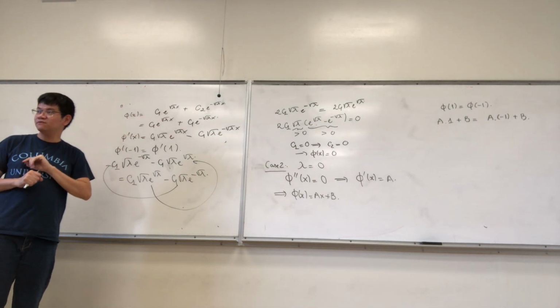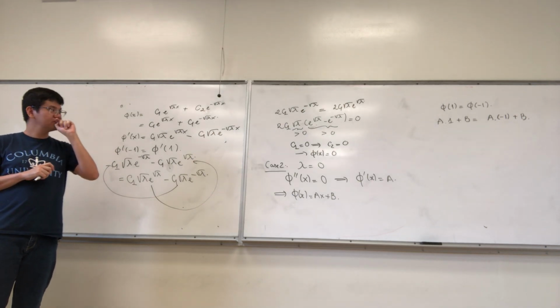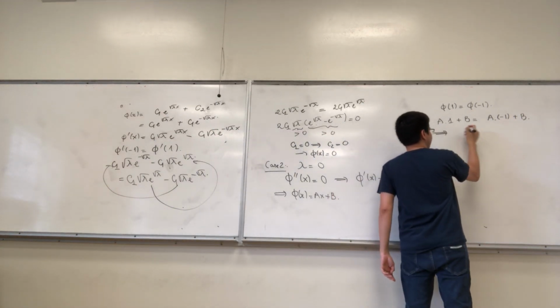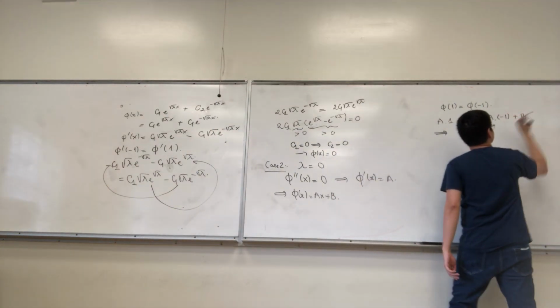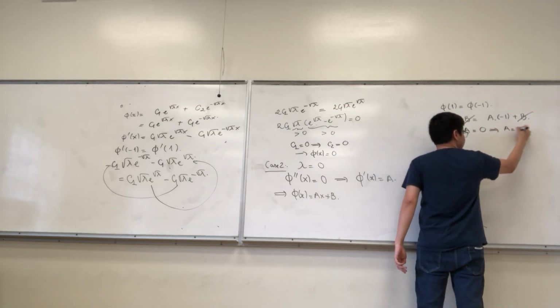What can I say about a? Yes, a equals 0. So from this, I can eliminate the b on both sides, so this means that 2a is 0, so a is 0.